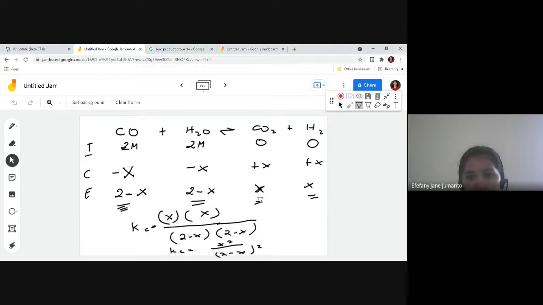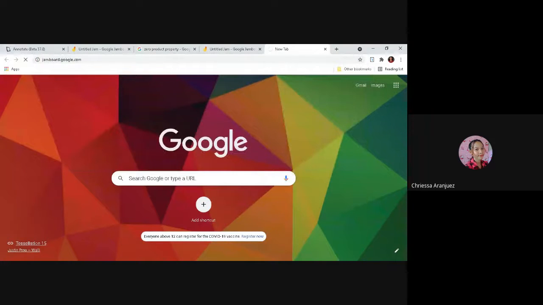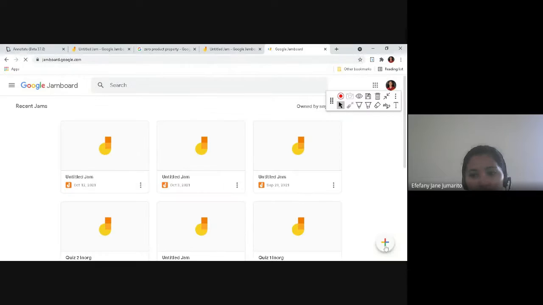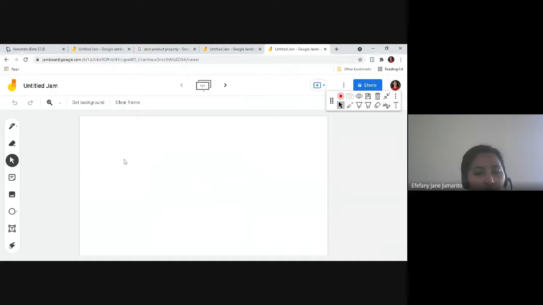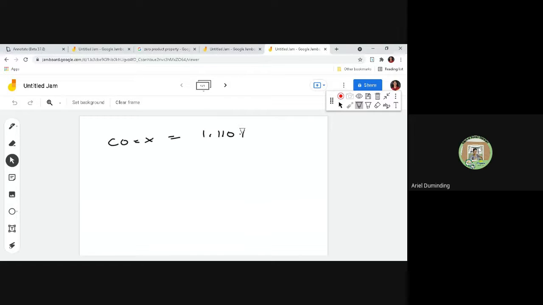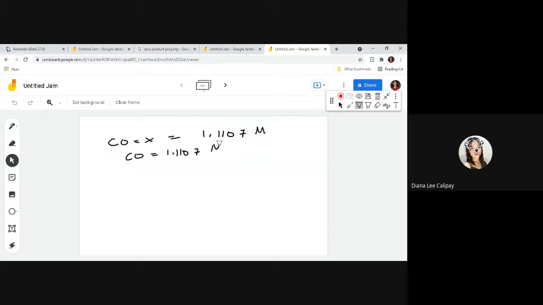So therefore, CO is equal to x, and x is equal to 1.1107 molar. Let's write that: CO is equal to x, x is equal to 1.1107 molar. Therefore, CO is 1.1107 molar.